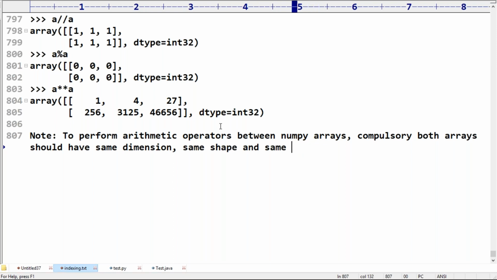Length means size, same size. Is that clear? Otherwise we will get an error.